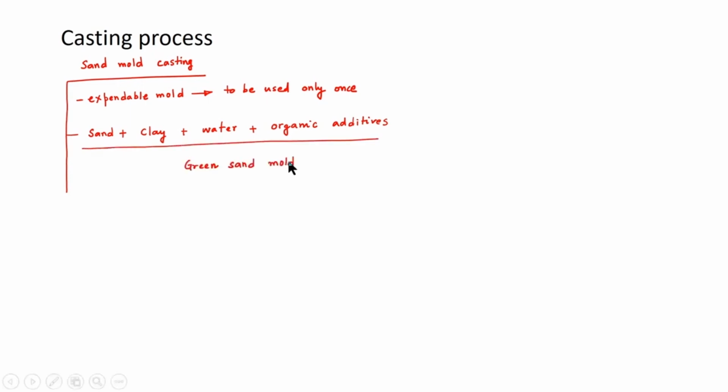In general, the sand is in the proportion of around 70 to 85%. The clay is about 10 to 20% of the total volume of the mixture. Water is about 3 to 6%, and the organic additives are between 1 to 6%.